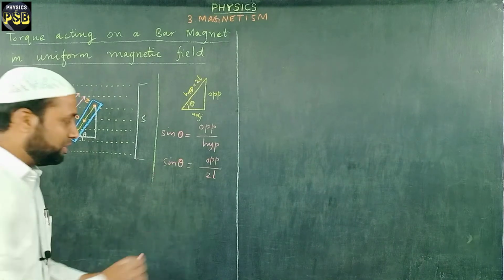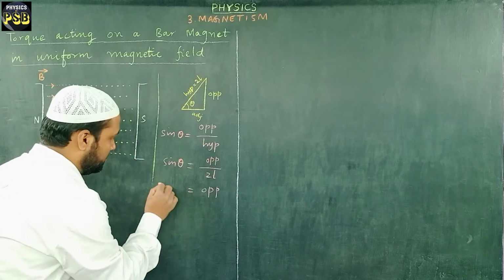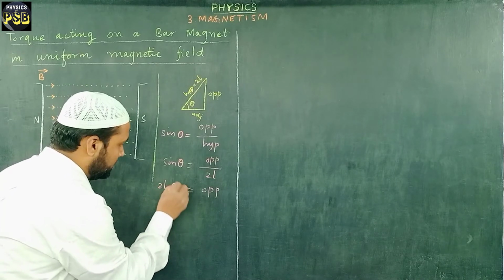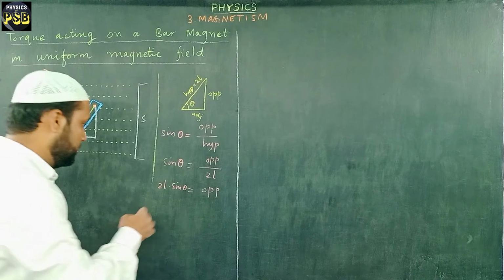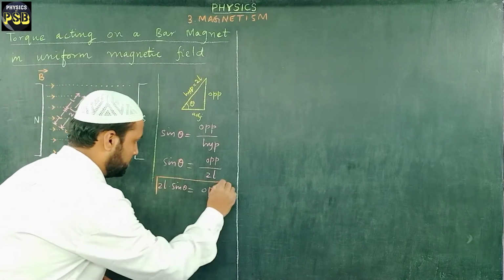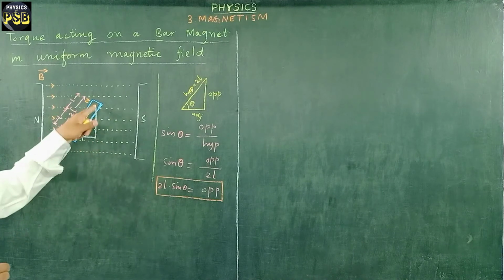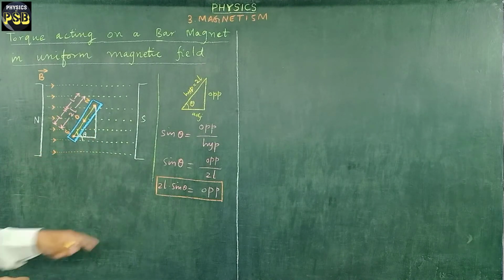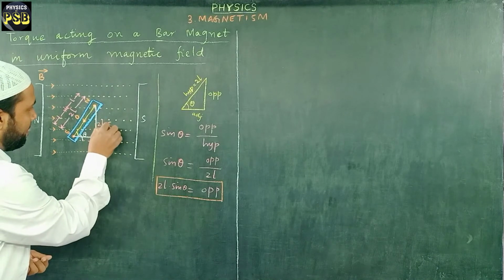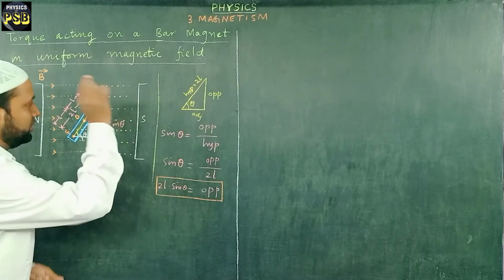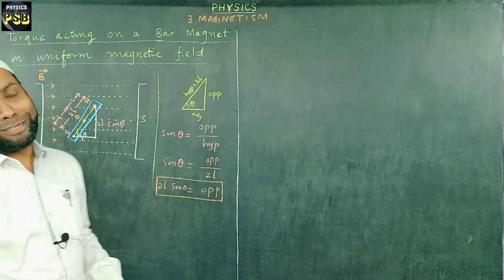Now, if we cross multiply, we get the value of the opposite side: 2L sin theta. Clear? I box this. So, the length of the opposite side is nothing but 2L sin theta, that I write here.